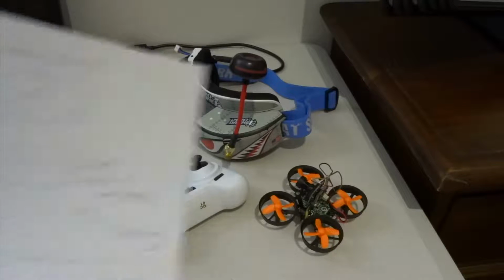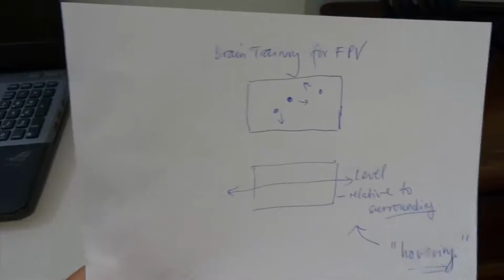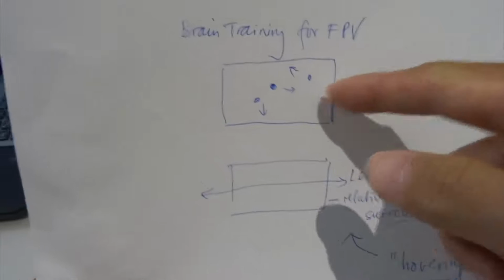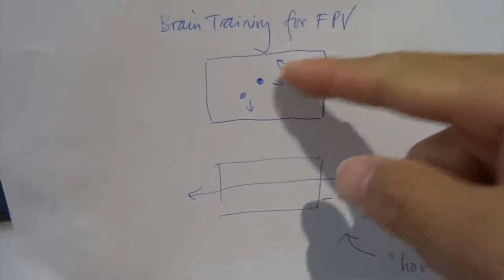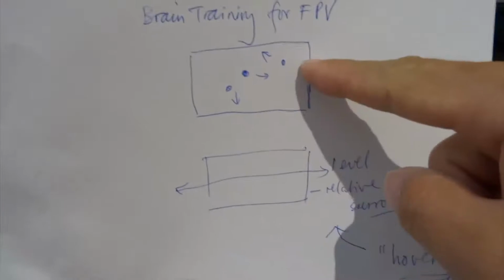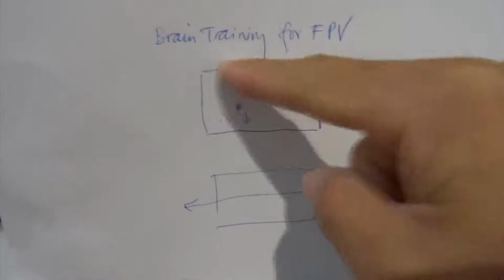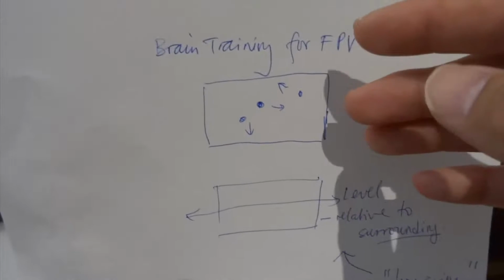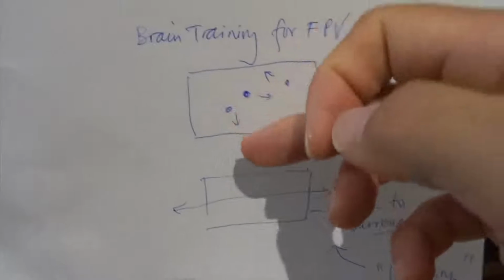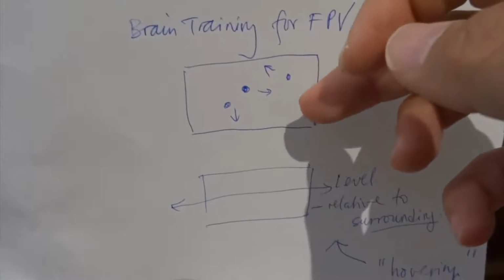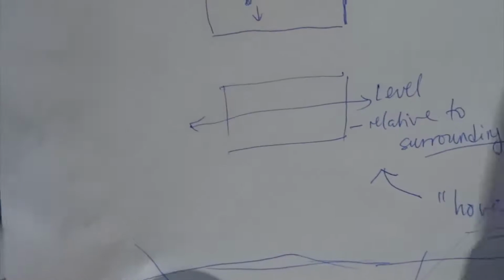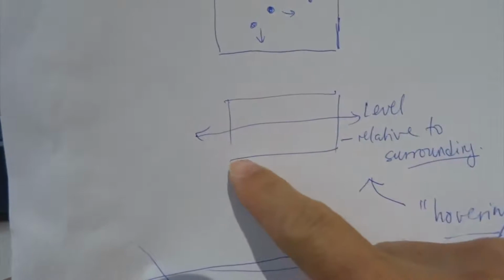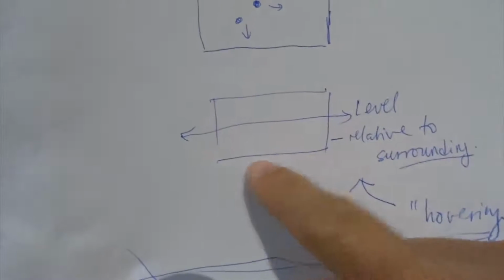So let me try to explain this. On the first diagram, this is what I was referring to when you fly line of sight. You basically have your quad flying in front of you within your line of sight. In the normal perspective, you can place your quad wherever you want in the field of frame itself. Whereas in FPV flying, your field of view is actually the screen in front of you.